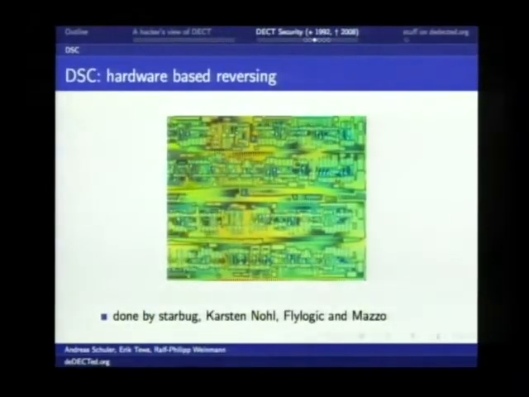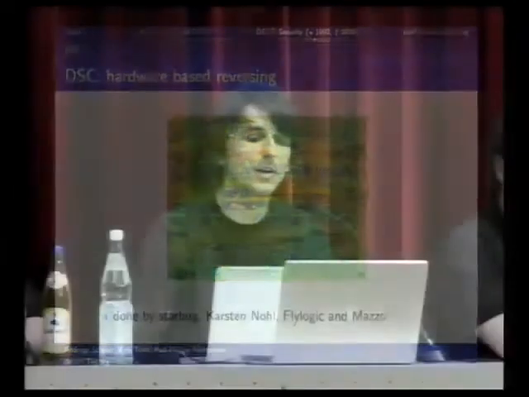There were some strange transport problems which slowed down the whole process for a long time, and I think they were thought to be lost at a certain point, but then reappeared. So this was done by Starbug, Karsten Nohl, FlyLogic, and Mazu, which is Matthias Wenzel. And these guys managed to recover the tap positions of the LFSRs that way.